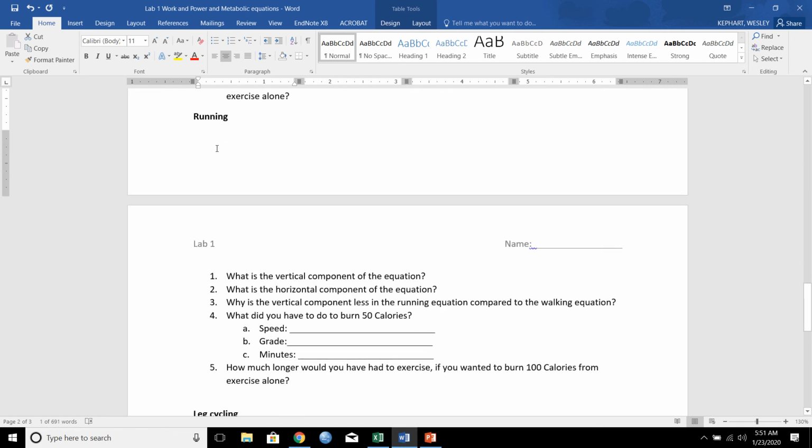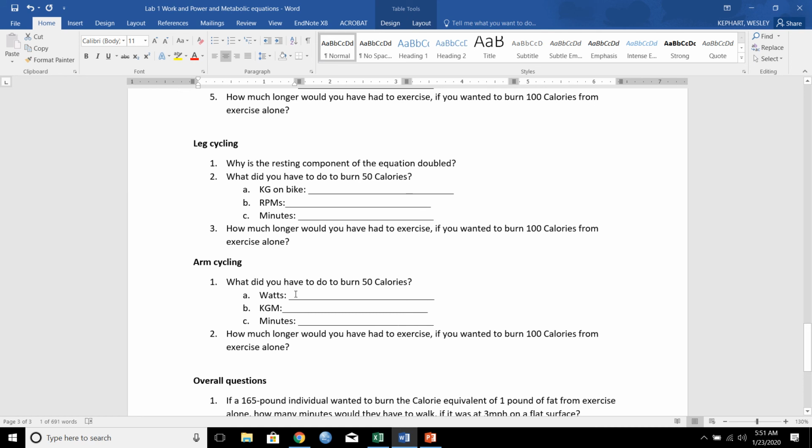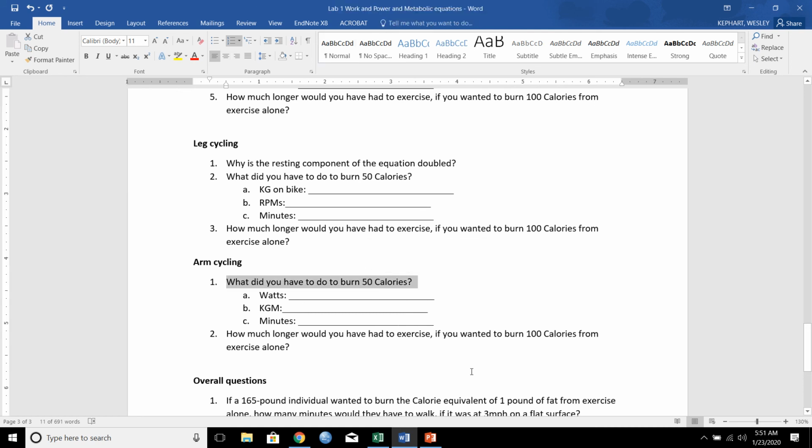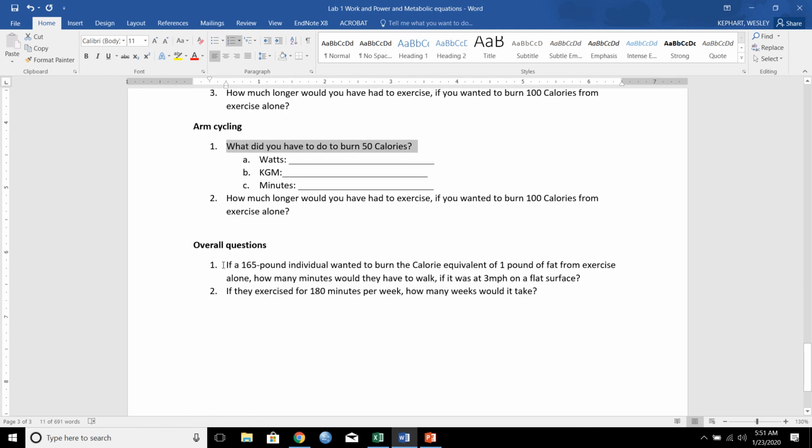You'll do approximately the same thing for running, leg cycling, and arm cycling. Just a little bit of a hint here for this arm cycling. Burning 50 calories arm cycling can take a while, so I might pick the largest person in your group to do that. And then after that, we have these two questions.